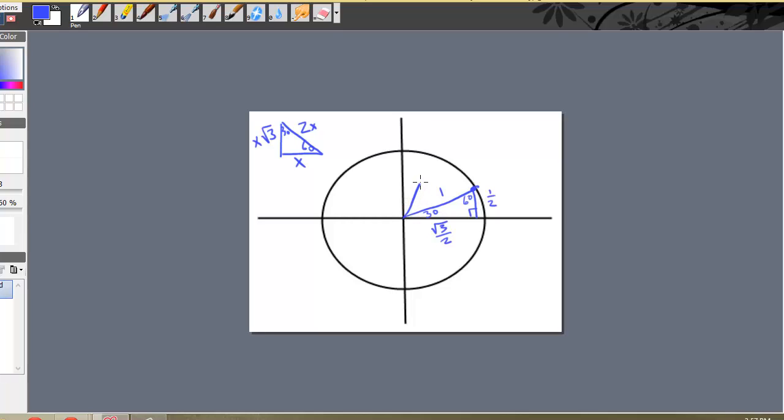And now let's go up here, and let's say that since this angle is 30, this angle here we'll call 60. Let me see if I could do this in a different color so it's a little more clear. So this big angle is 60.